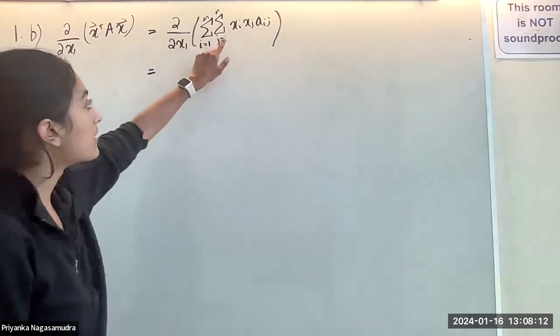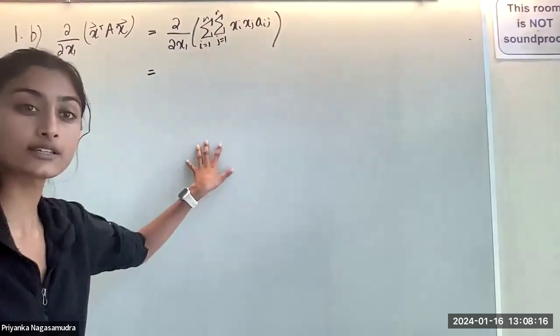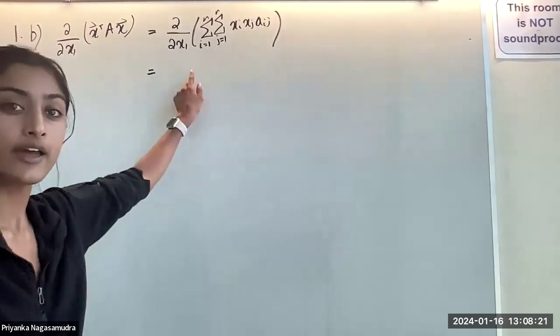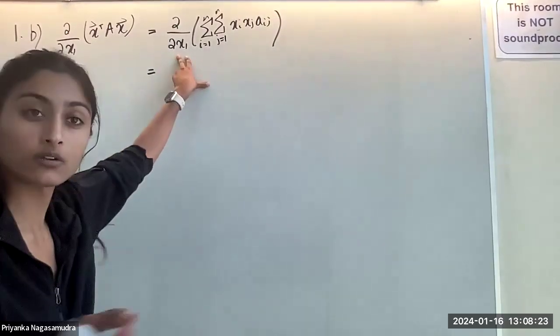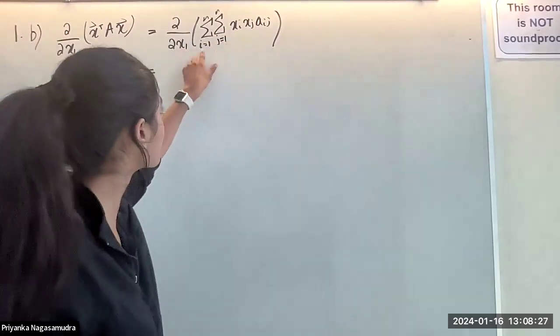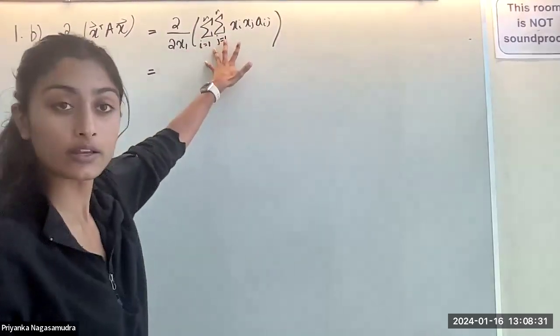So let's first think about where x1s come into the equation, because we don't care about any of the elements that don't have x1. Those will all go to 0. So the first place where x1 comes into the picture is, let's say, when i equals 1.